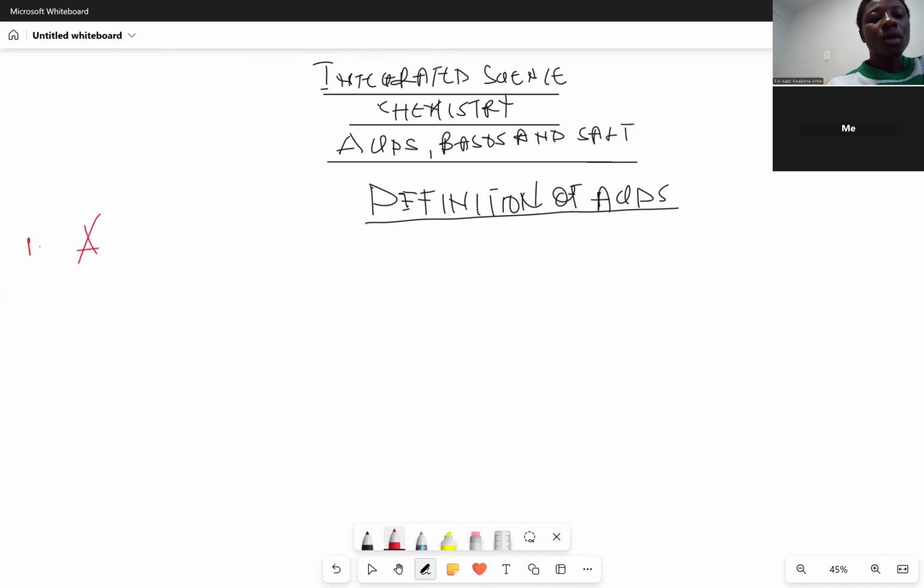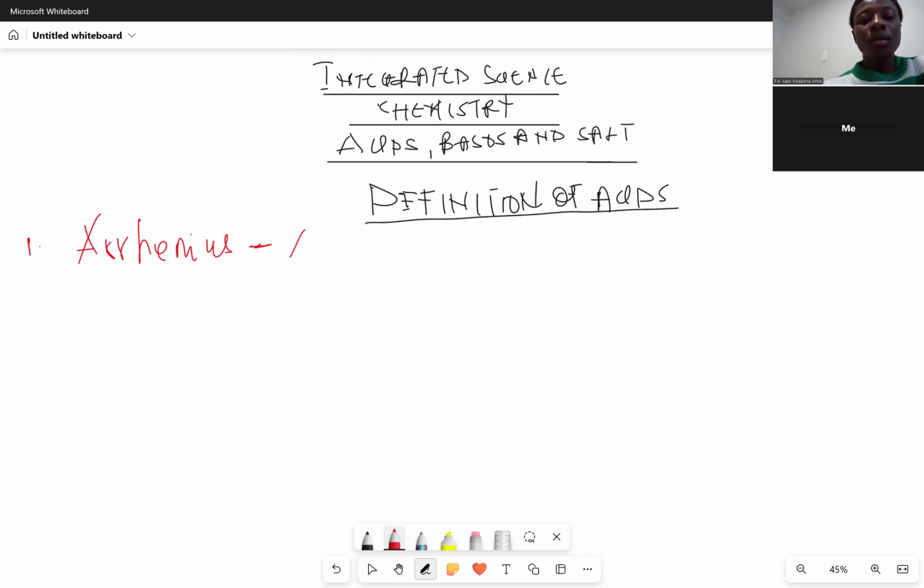Arrhenius came up with a definition of an acid. So we are going to look at what he said.